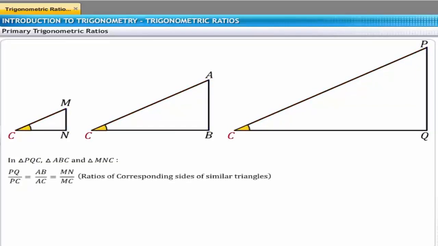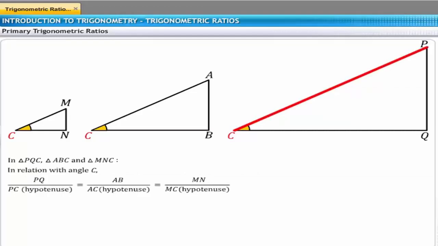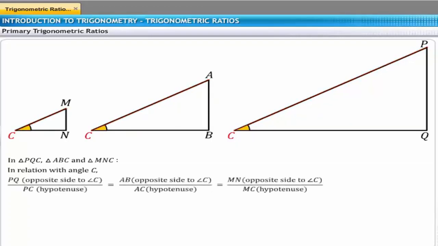Now, let's consider angle C in all the three triangles. In relation with angle C, sides PC, AC, and MC are all hypotenuses, and sides PQ, AB, and MN are all sides opposite to angle C.